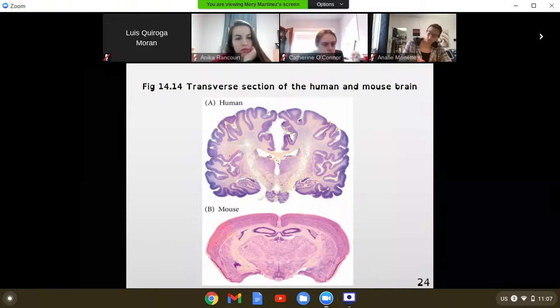So this is what we observe in this figure. We observe the cerebral cortex of a human, which is considered gyroencephalic because it has a lot of gyri, right? Elephants also have a very complex cortex like humans, and we know that elephants are highly hierarchical and highly intelligent, okay?